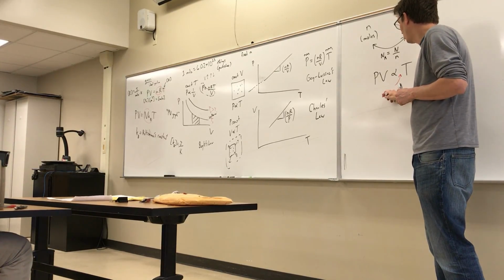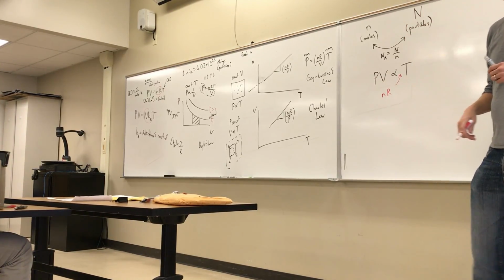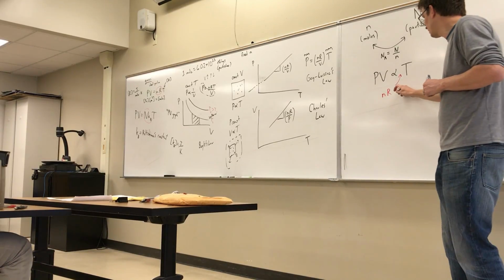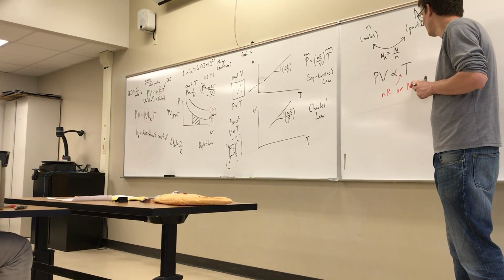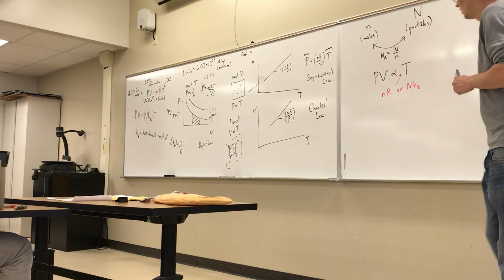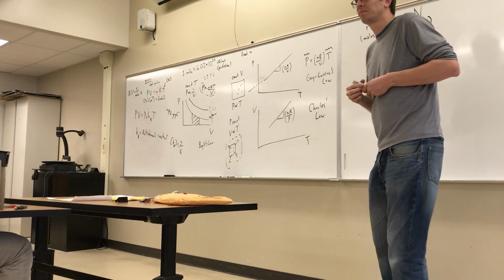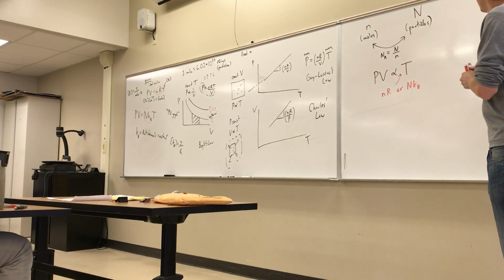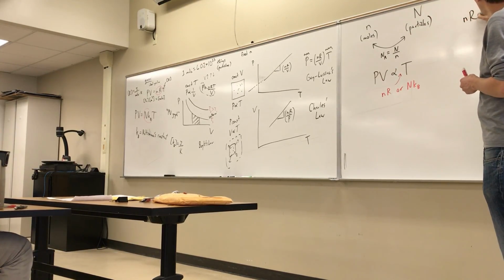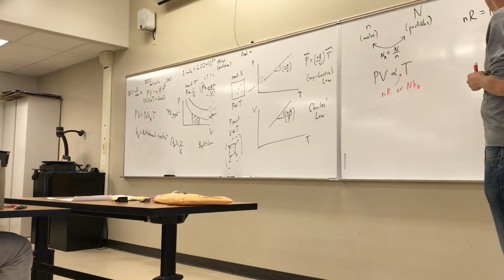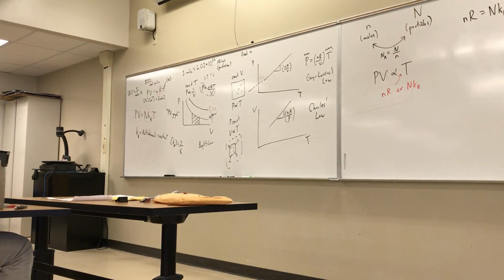If you want to work in moles, then you've got to put it in with the ideal gas constant, or if you want to work in terms of total number of particles, then you have to put in that times Boltzmann's constant. Now these have to be equivalent, so if nR is equal to capital N k, then I can solve for Boltzmann's constant, like so.